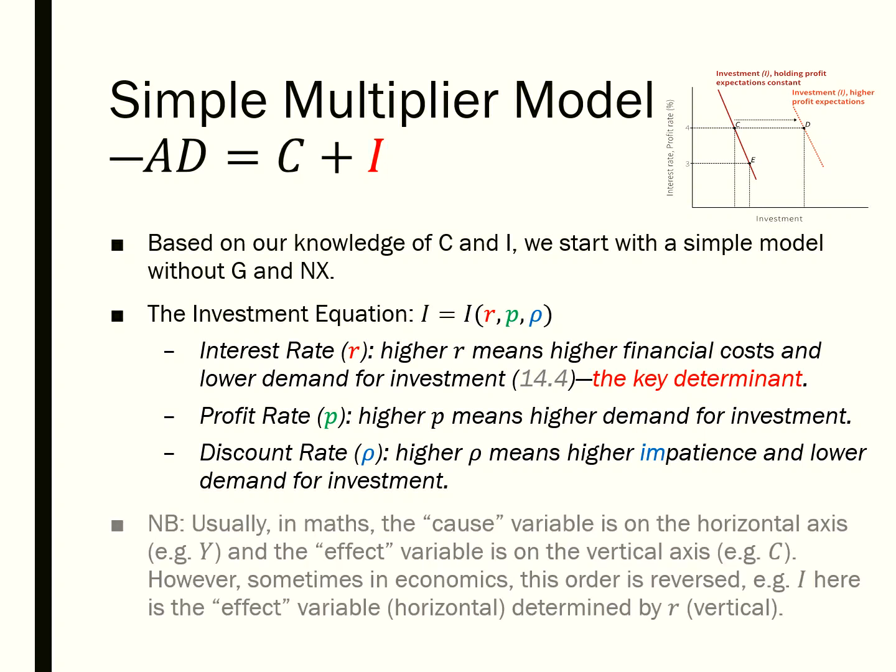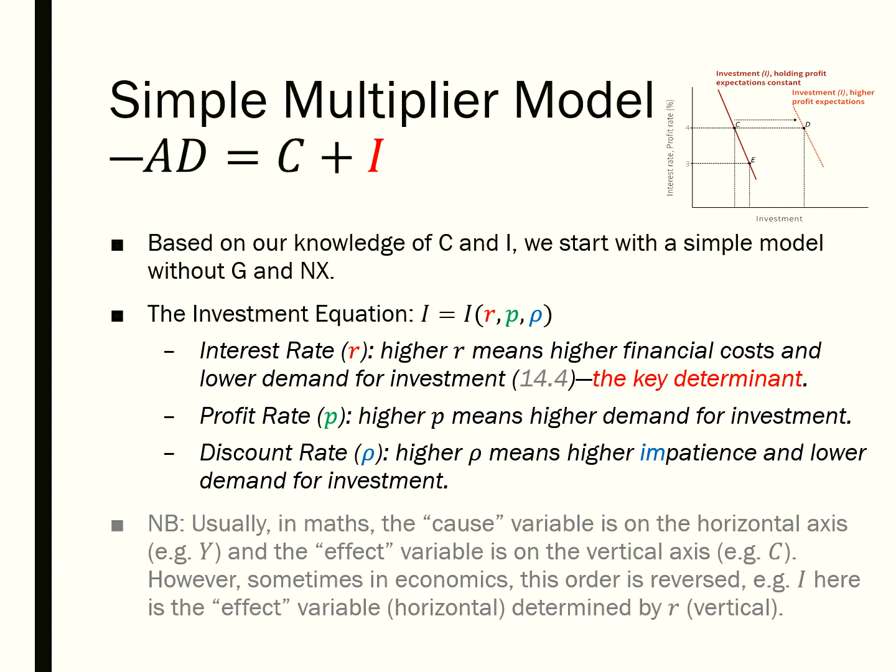Well, here is something I have to point out. In mathematics, when we draw a graph of a function, we usually put the cause variable, or x, the independent variable, as the horizontal axis, and the effect variable, or dependent variable, or y, as the vertical axis.